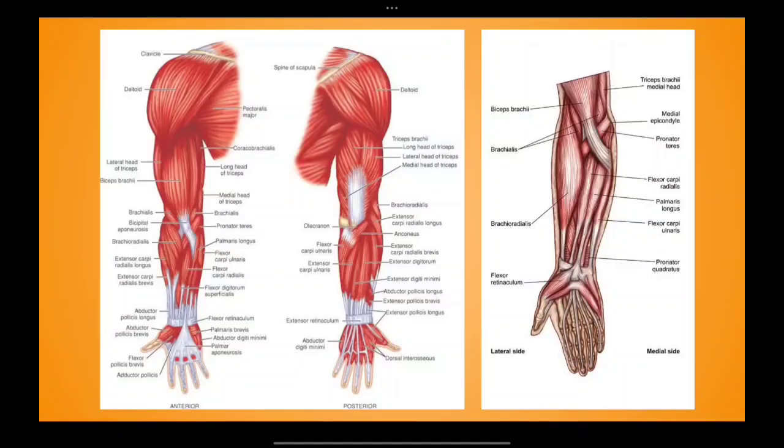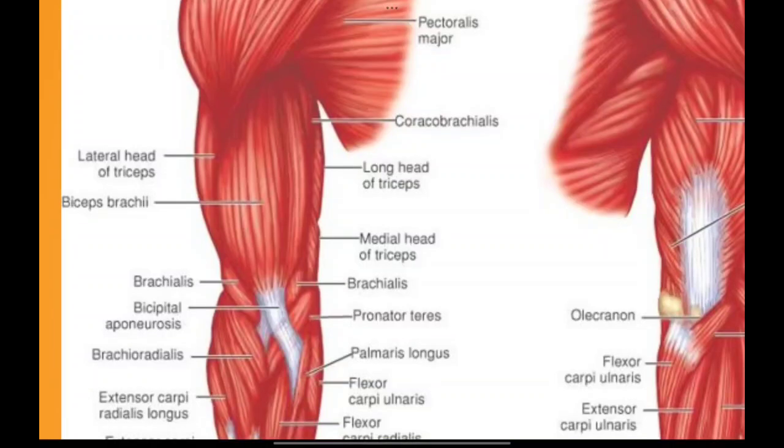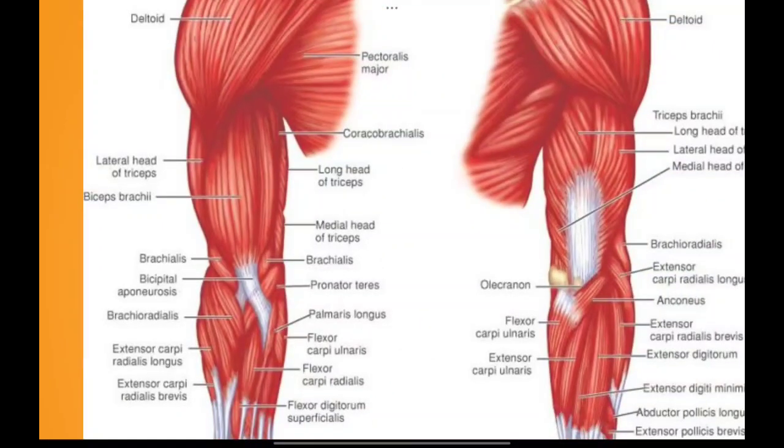In the upper limbs, you can see the deltoid muscle, the big shoulder cap that is seen. Then you have biceps brachii, the biceps muscle, which helps in flexing the elbow, and the forearm can be moved.